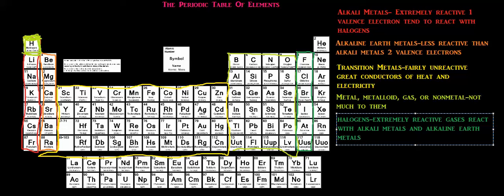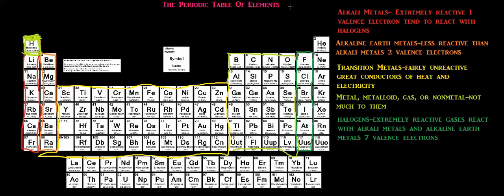Okay. They have 7 valence electrons, and hence they're very close to that 8 that every atom wants, so they usually react with the alkali metals, or the alkaline earth metals, where they would switch electrons, basically.